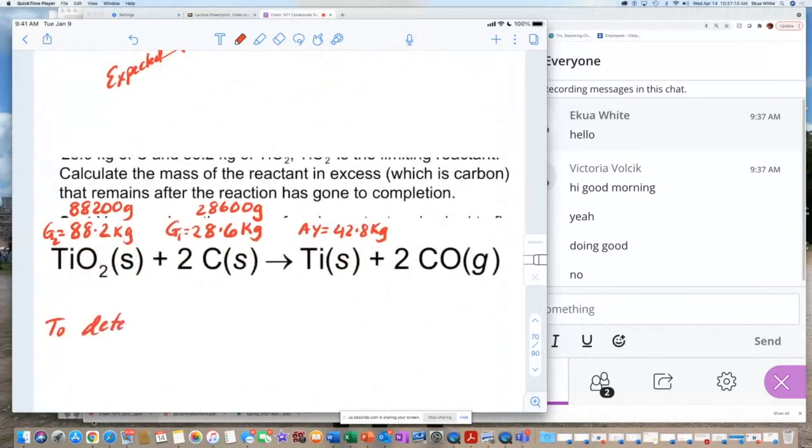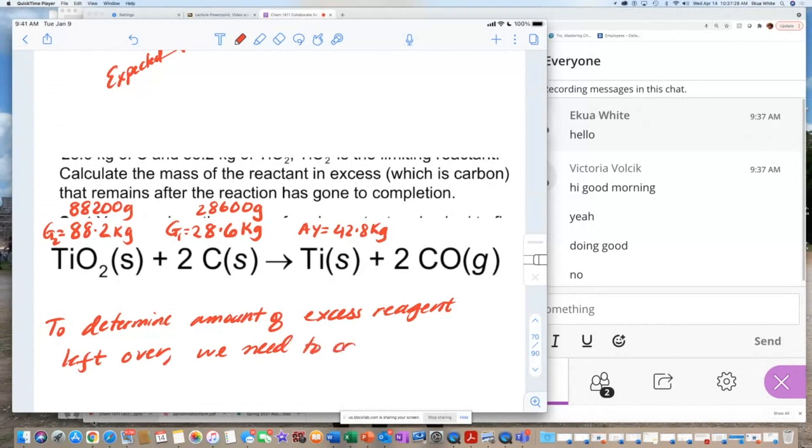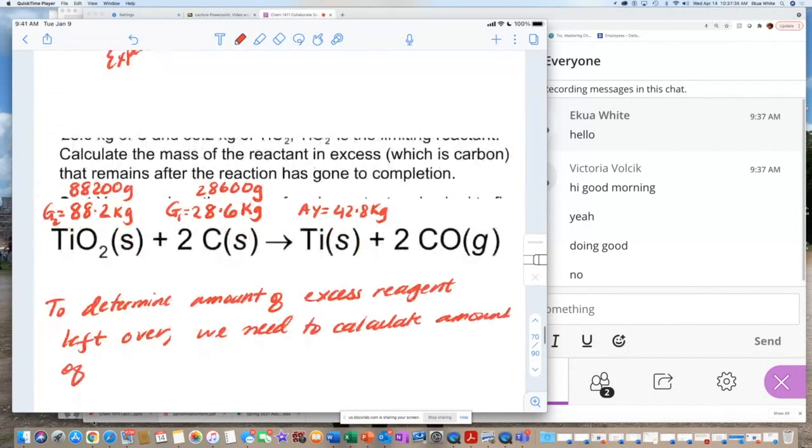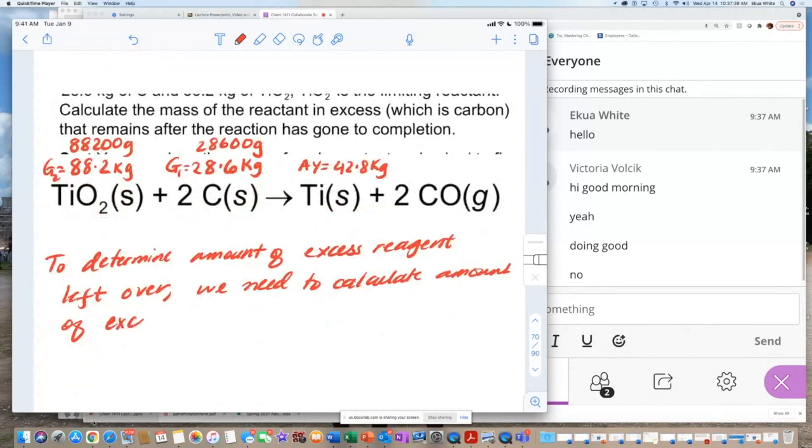To determine the amount of excess reagent left over, we need to calculate the amount of excess reagent needed.